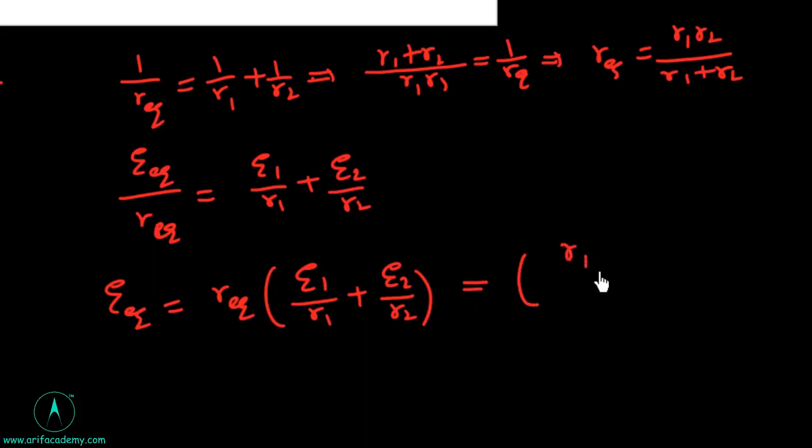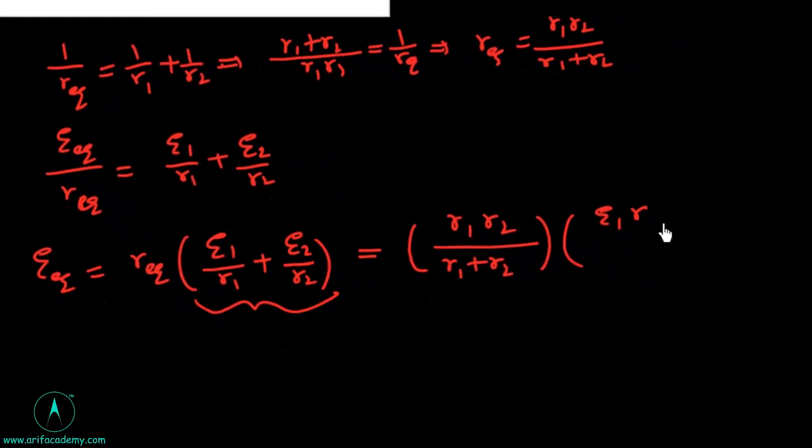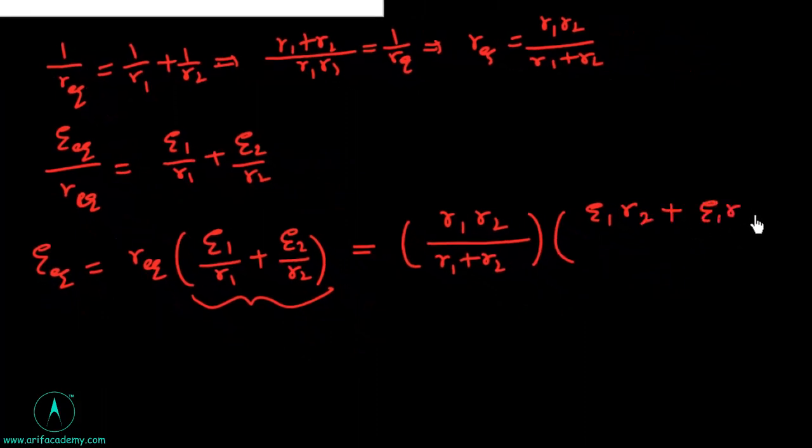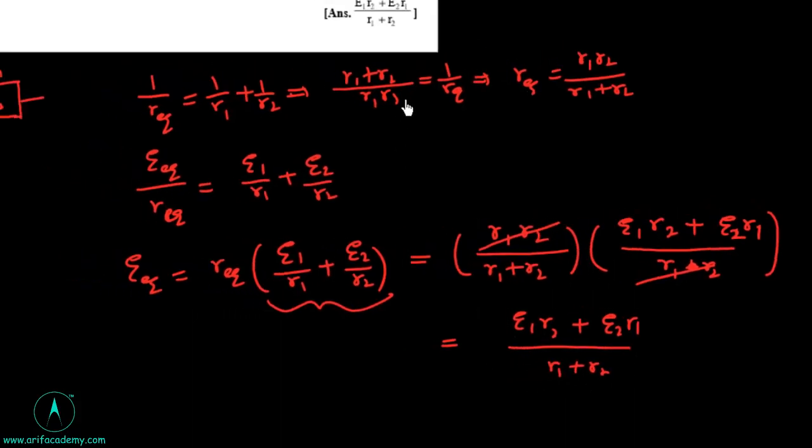This equals R1 R2 upon R1 plus R2, and these terms can be written as E1 R2 plus E2 R1 upon R1 R2. So this term will cancel out, and we have E1 R2 plus E2 R1 upon R1 plus R2, and that was to be proved here.